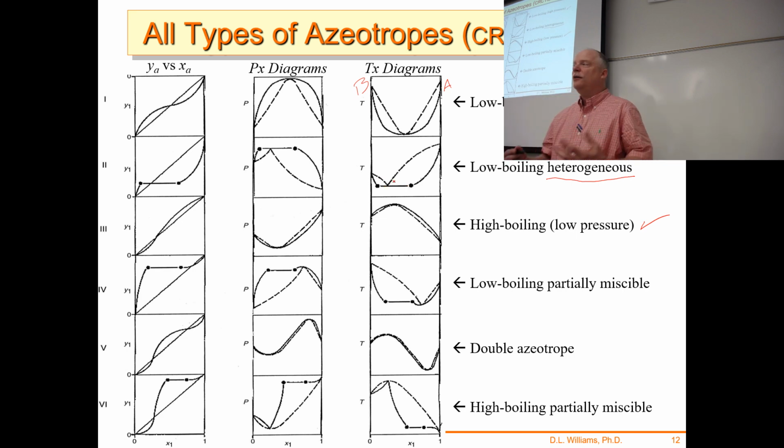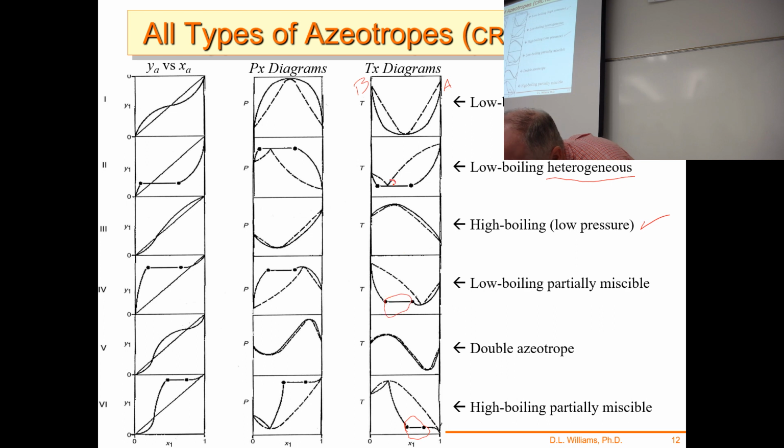So we'll talk about phase separation in the liquid state today, and then we'll talk about the vapor above that phase-separated liquid. And then when you enter that into the mix, you have partially miscible, low boiling, high boiling, partially miscible. When you see these little dot regions here, those are two-phase liquids.